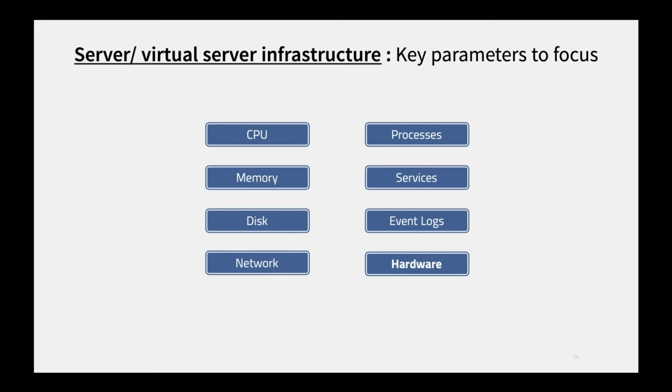But apart from the three core parameters for infrastructure monitoring, that is CPU, memory, and disk, what we also need to monitor are parameters like network, which tells us what is the status of the network connectivity and the network adapter.